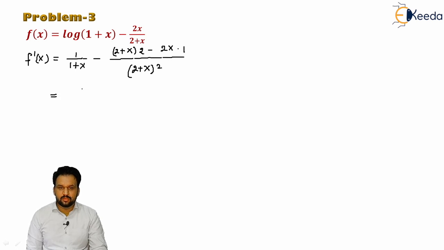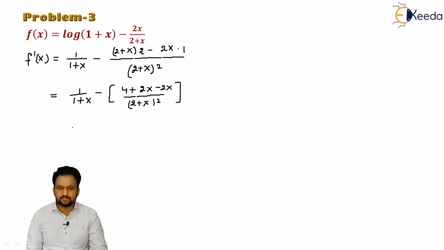Let's solve this equation further. 1 by 1 plus x minus, 2 twos are 4, and 2x minus 2x, divided by 2 plus x whole square.